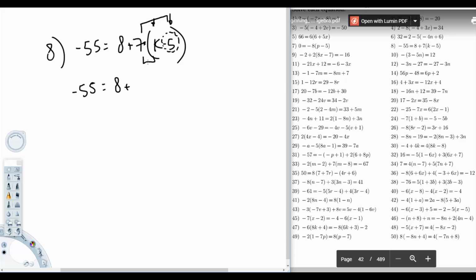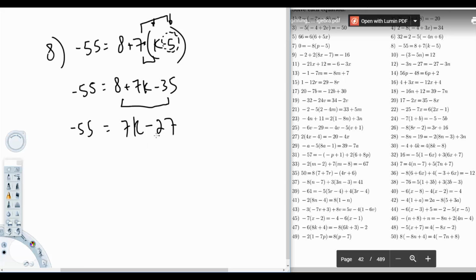8 plus 7 times k equals 7k. 7 times negative 5 equals negative 35. Now we can make a number out of these two, right? Because we can do 8 minus 35. It will give us 7k minus 27. That equals negative 55.